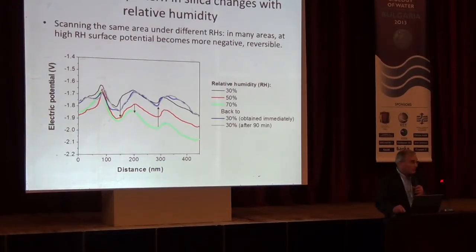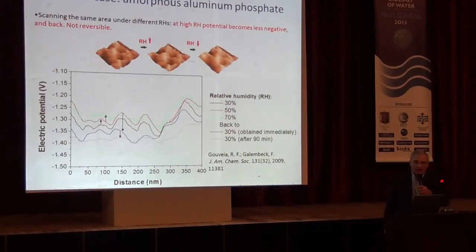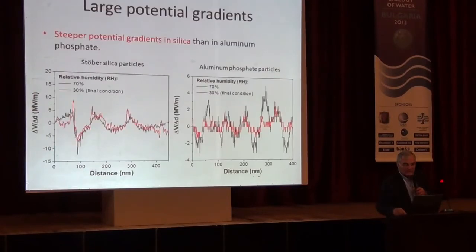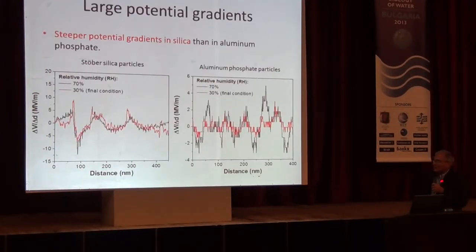So, compared to water absorption, we have negative charge. In aluminum phosphate, we have the opposite. At higher humidity, we have more positive charge at the surface. And one thing that is, to me, remarkable, is the size of the potential gradients that you can measure across these surfaces.